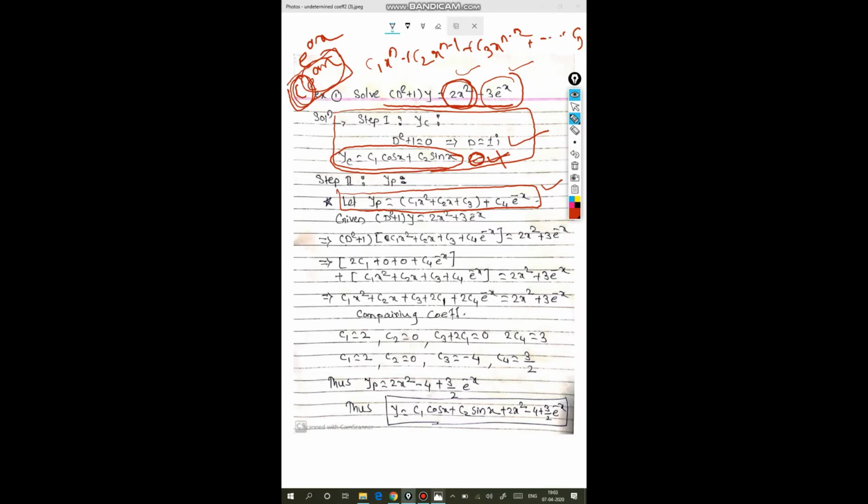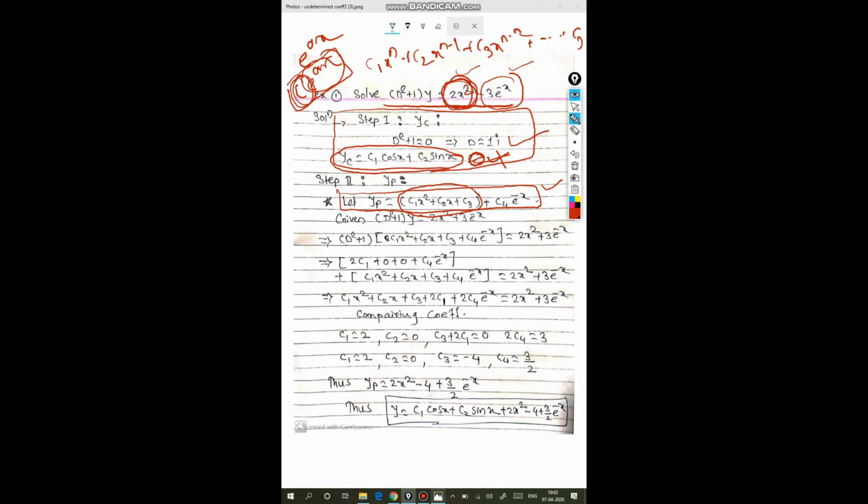So you can see here, 2x square is there. For 2x square, as the degree is 2, we assume the corresponding yp as c1 x square plus c2 x plus c3, which we have to find out. Suppose there is x raised to 4, then we take c1 x raised to 4 plus c2 x cube plus c3 x square plus c4 x plus c5, like that.